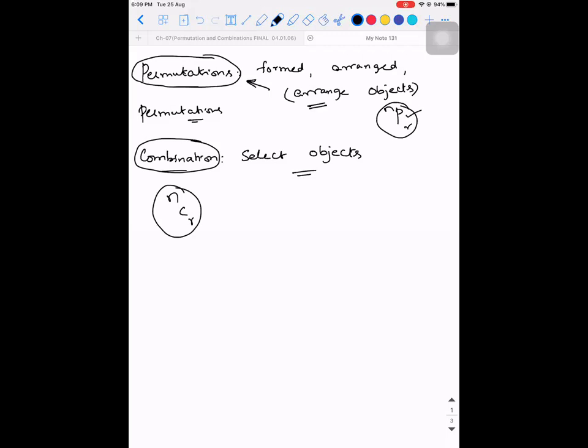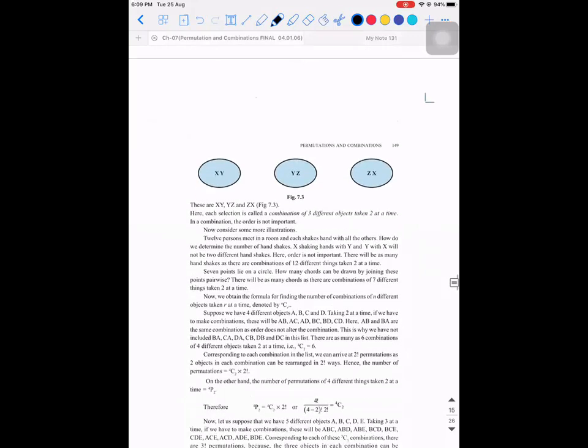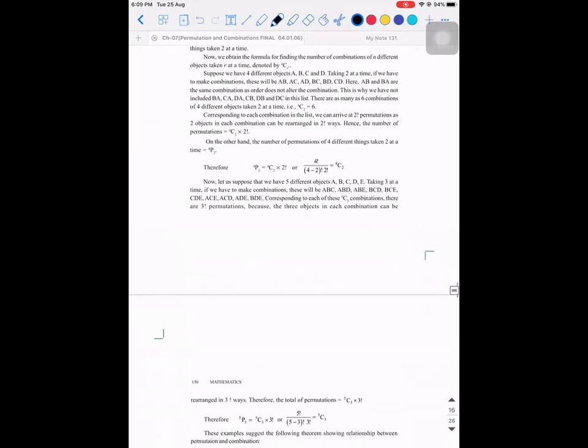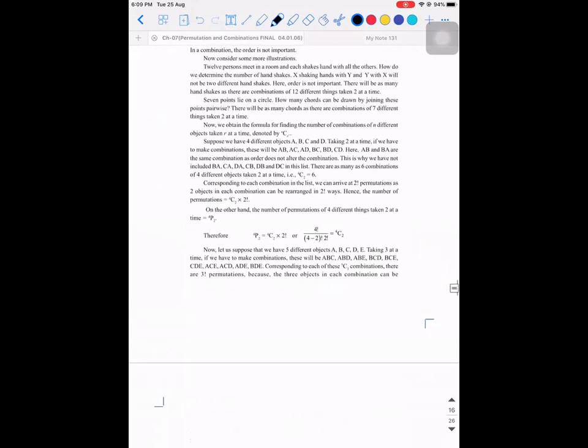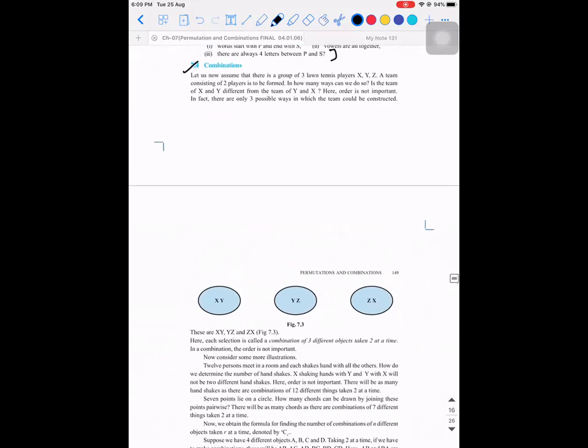Now listen. Suppose, let's read out an example. Let us assume that there is a group of 3 lawn tennis players, X, Y, and Z. A team consisting of 2 players is to be formed.